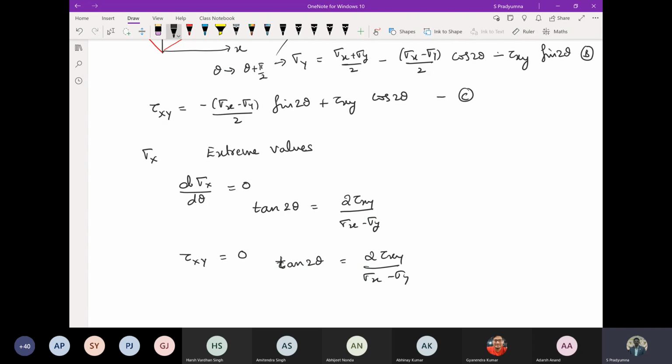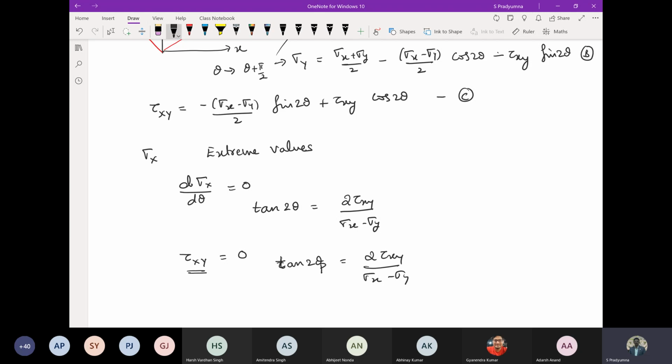What we concluded further from this is that whenever we have tau XY equal to 0 on any plane, you don't have the shear stress, and the state of stress is purely referred by the normal stress. That direction in particular, we call it the principal direction, and the plane on which the shear stresses are 0 is known as the principal plane.